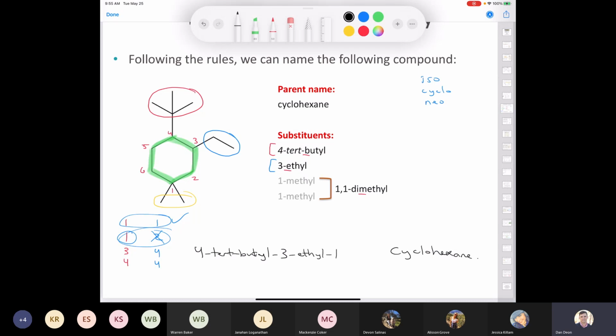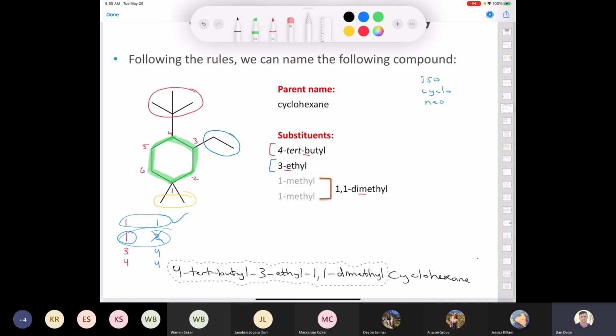And then I've got 1,1-dimethyl cyclohexane. So let me move all this over a little bit. There you go. And there's the name of your compound. So it's long, isn't it? 4-tert-butyl, 3-ethyl, 1,1-dimethyl cyclohexane.